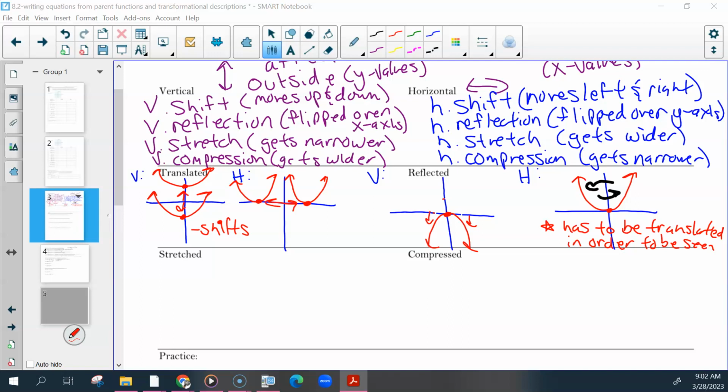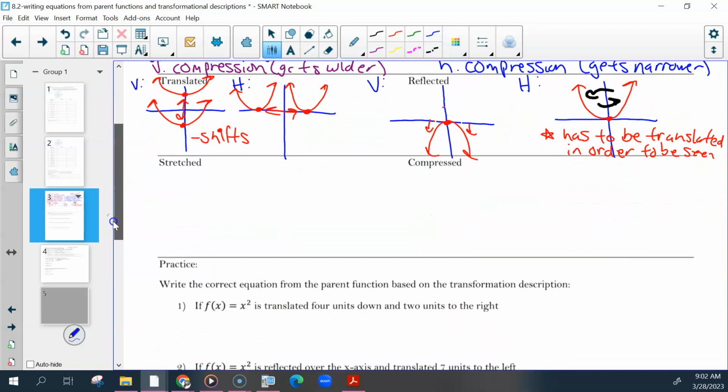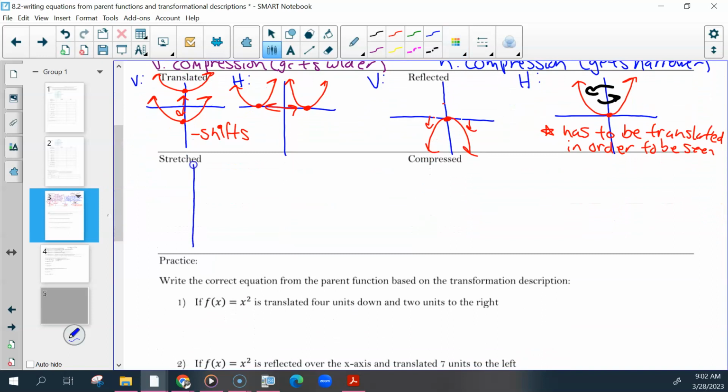Then we're going to draw more sets of axes. So this one is just going to be the stretched version.